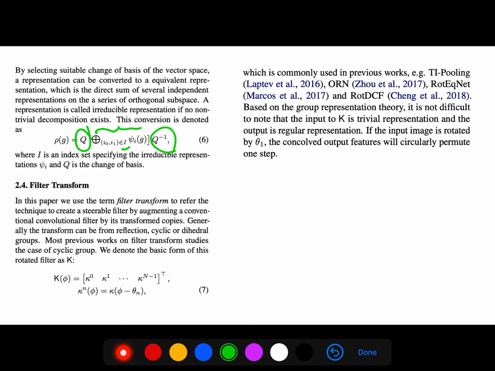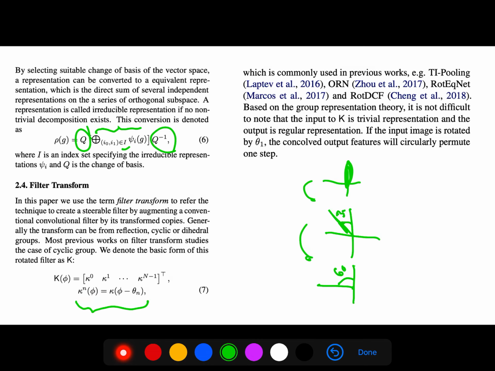Then we have this filter transform. In CNN we have different filters, but our filters are designed very smartly. They have some relation to each other. For example, if this is a filter, then the next one is 30 degrees, then the next one is 60 degrees. So it is rotating, and there is a permutation.